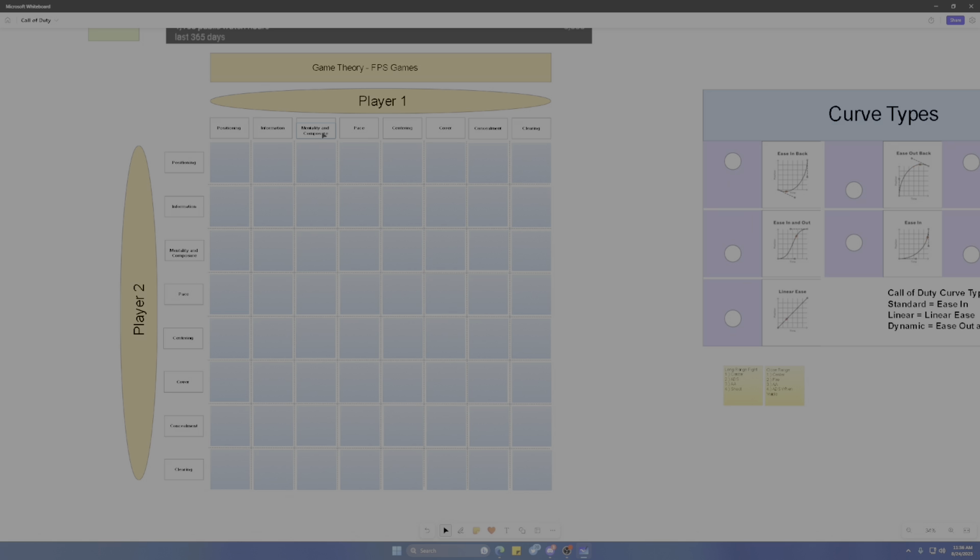It will affect my mentality or composure. And if I don't have those three in line, it's going to affect my pace. Or maybe if I push my pace too fast, I'm going to neglect some of these other aspects of fundamentals of FPS games that are highly important. Or it can throw my centering off, playing with cover and concealment, and then proper clearing for safe positioning and information gathering.